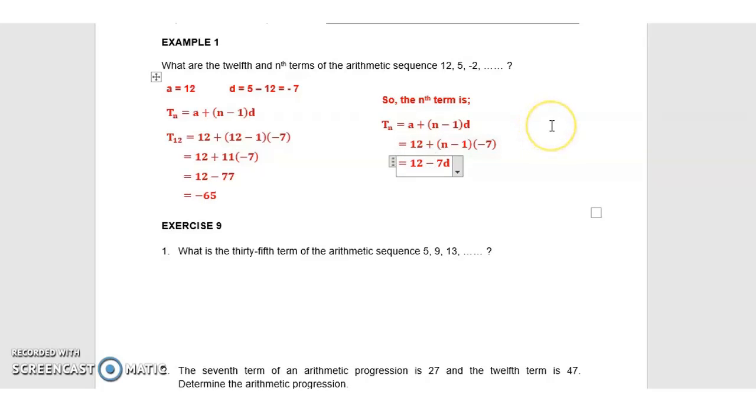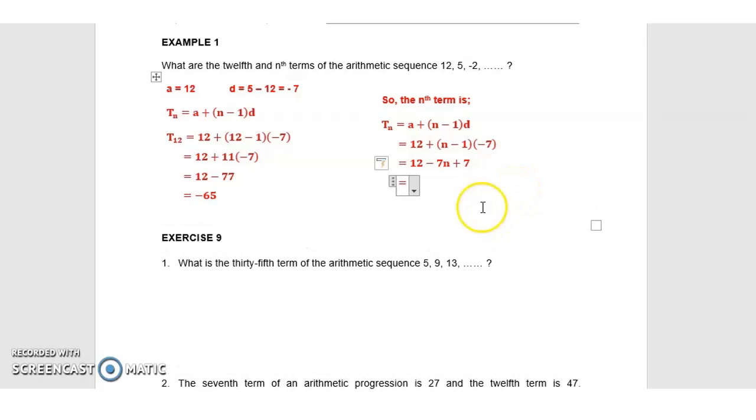So 12 plus n multiplied by negative 7, we get negative 7n. Negative 1 multiplied by negative 7, we get positive 7. So here we will get 12 plus 7 is 19, and then minus 7n. So in general, the nth term for this sequence is given by 19 minus 7n.